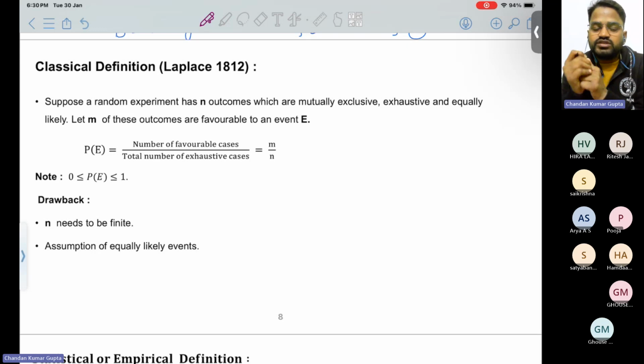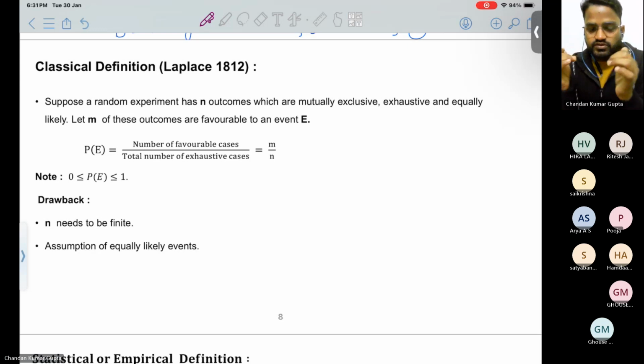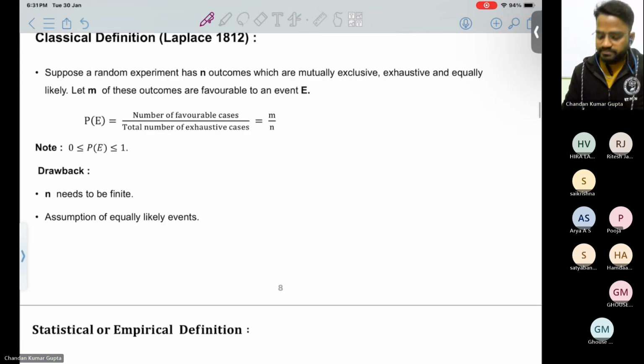The relative frequency definition is also known as the empirical definition. Actually, both are the same.